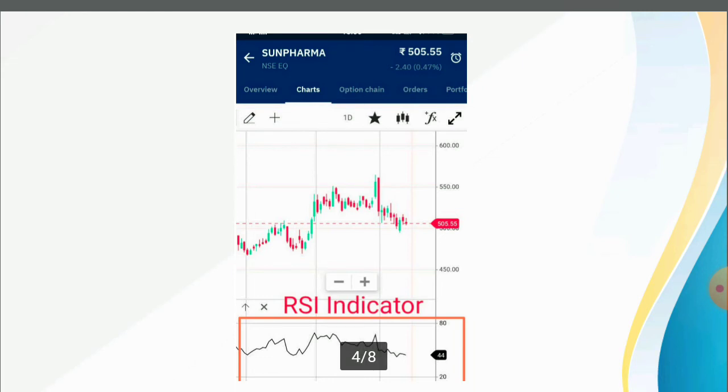Can you see two horizontal lines, one at 80 and the second at the downside, 20?